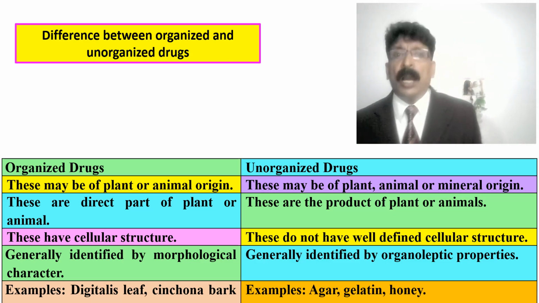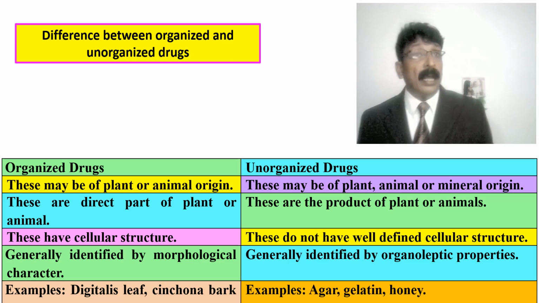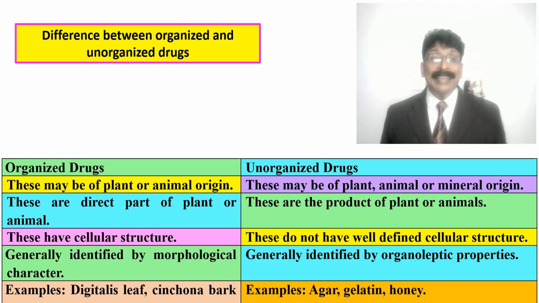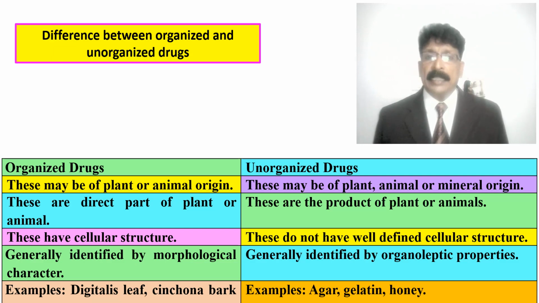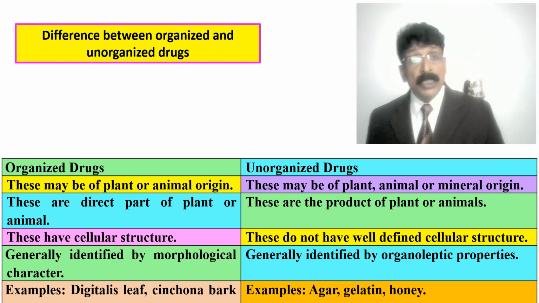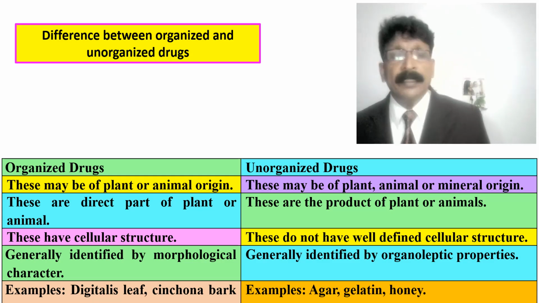But unorganized drugs may be from plant, animal and mineral also. Organized drugs are a direct part of the plant or animal. Unorganized drugs are products of plants or animals. We used to say they are derived, they are exudates, they may be extracted from the products of animals or plants.